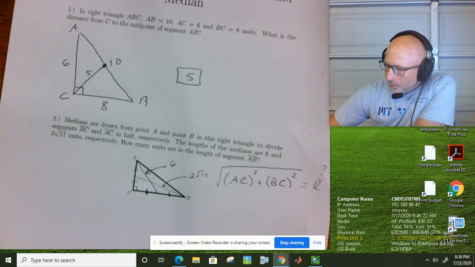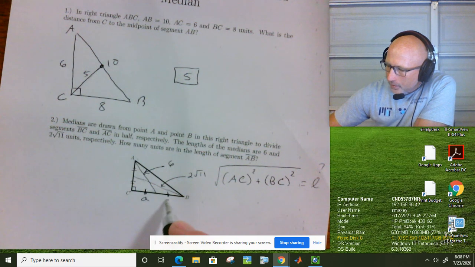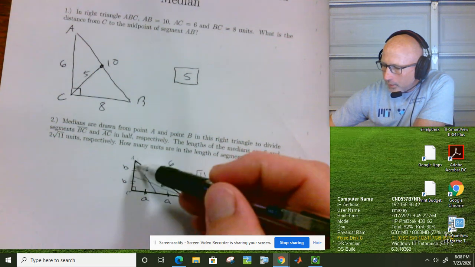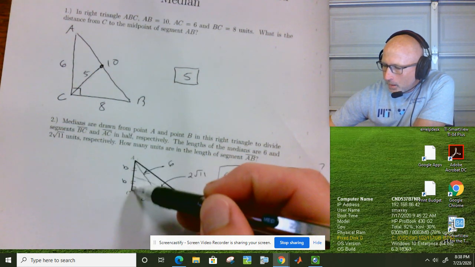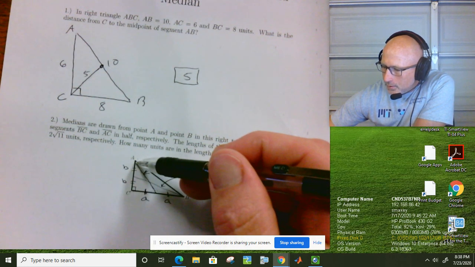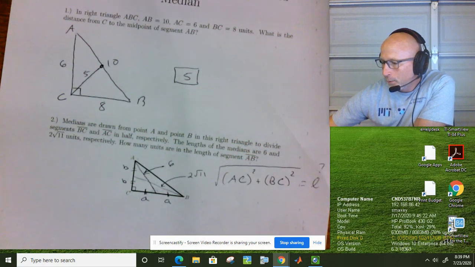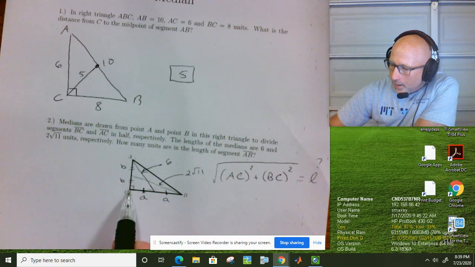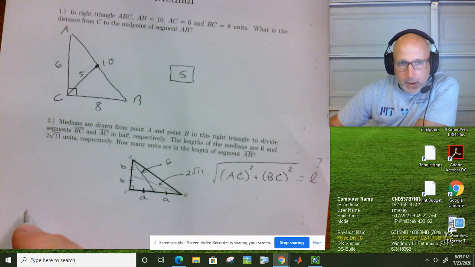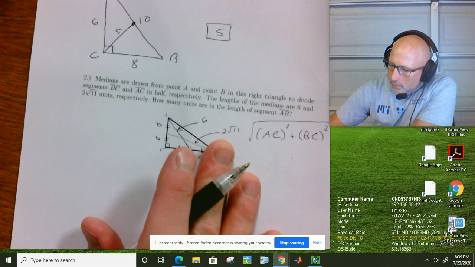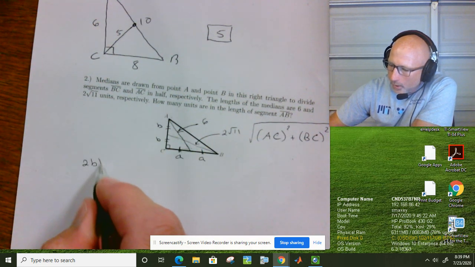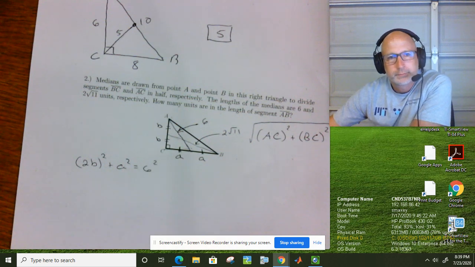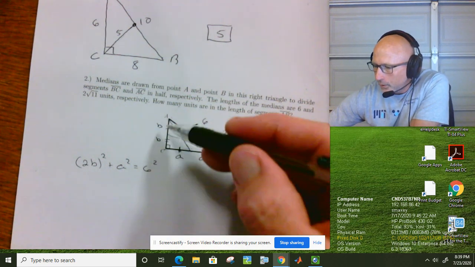I'm going to label this A, this B, and this B. And then if you notice, I have a right triangle here, which I'll use to figure out this side, which I know is 6. This side length is going to be 2B, and that side is A. So I have 2B squared plus A squared equal to 6 squared. That's for this right triangle right here.